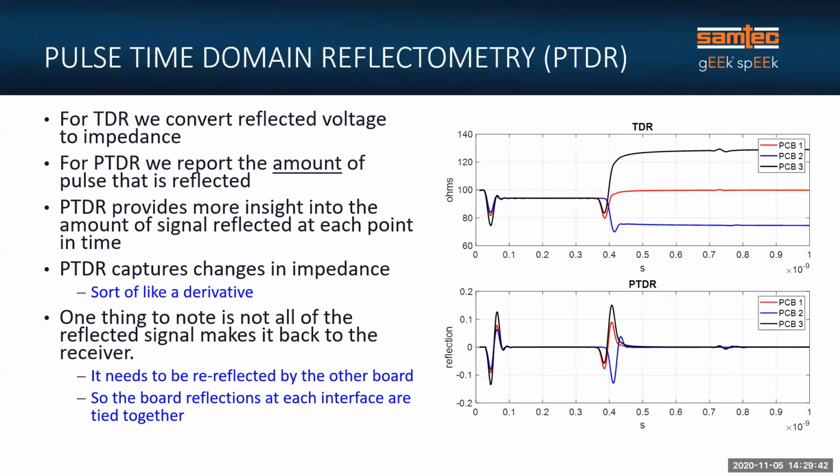So I'm showing the TDR again in the top right plot. The bottom right plot is the pulse TDR. And as you can see, it does sort of look like a derivative in a way. And it sort of says, hey, this is the amount of impedance changes that we're seeing. And now we just have to tabulate it up.